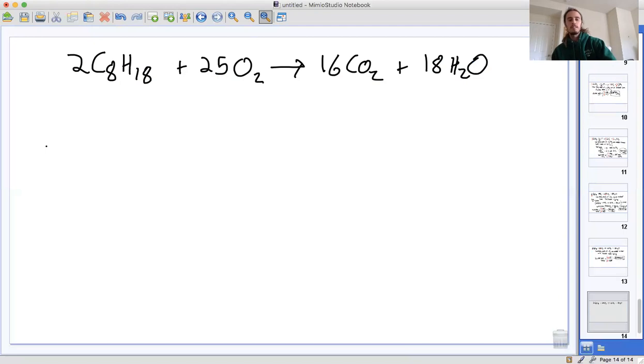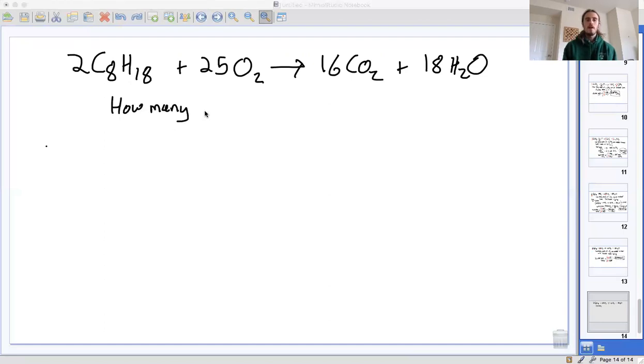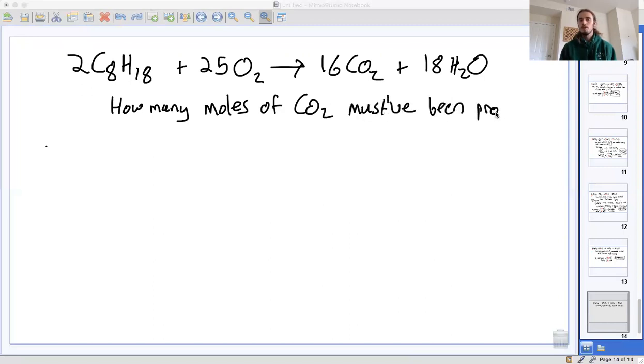All right, number 10. How many moles of CO2 must have been produced if 11.98 moles of water was produced? Now what was the number again?